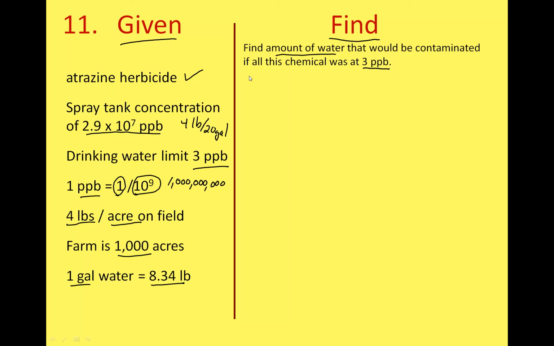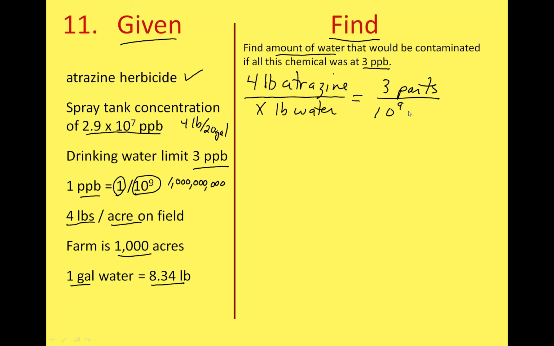Okay, the first step: 4 pounds of atrazine, and how many pounds of water will it take for this to equal 3 parts per 10 to the 9th parts of water.